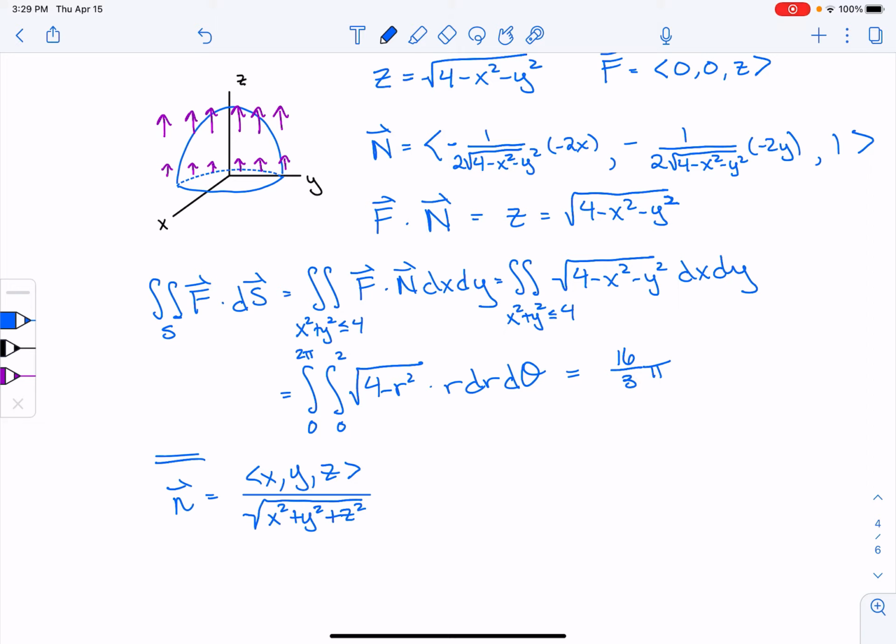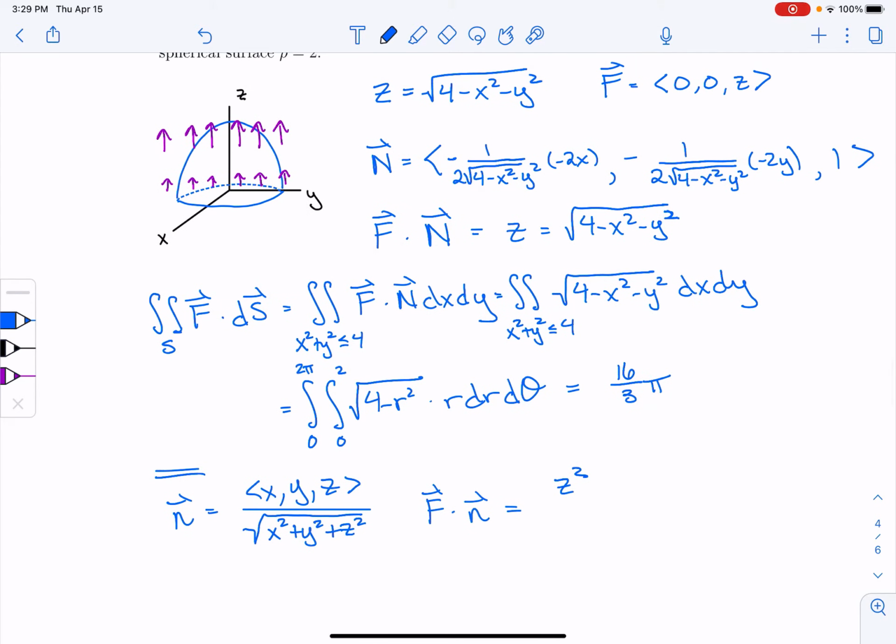So what that means is that if I compute F dot n, my unit normal, then I will get just z squared, because I'm going to dot x, y, z with 0, 0, z.